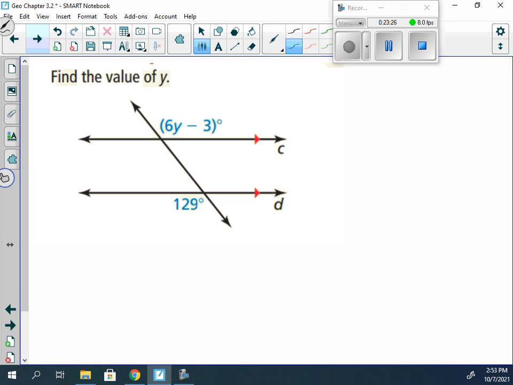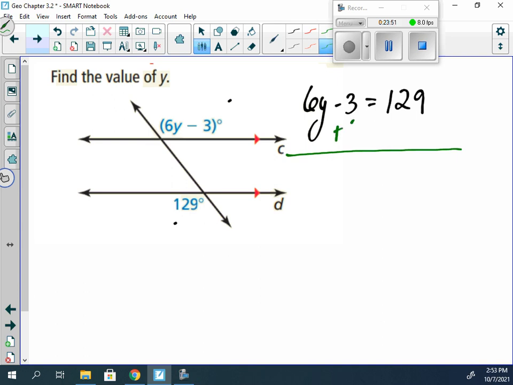Since they're congruent, we can set 6y minus 3 equal to 129, because they are alternate exterior angles. Now we just need to solve for the value of y. What's the first thing we can do? We add 3, because y is already on one side, so we move everything else away from it.